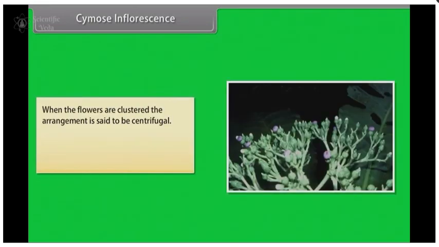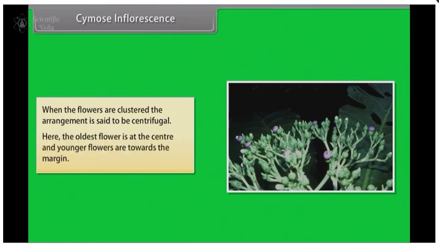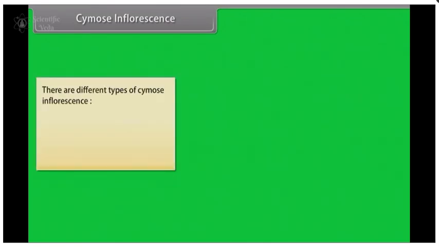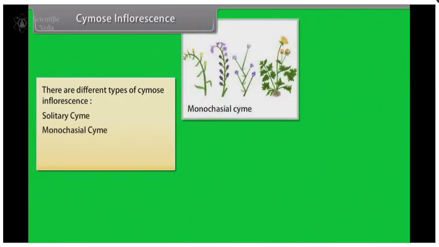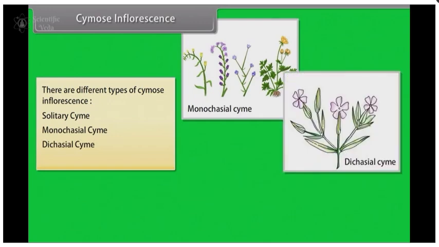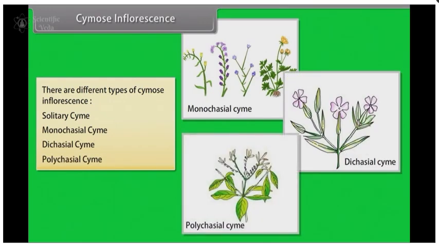When the flowers are clustered, the arrangement is said to be centrifugal. Here, the oldest flower is at the center and younger flowers are towards the margin. There are different types of cymose inflorescence: solitary cyme, monochasial cyme, dichasial cyme, polychasial cyme.